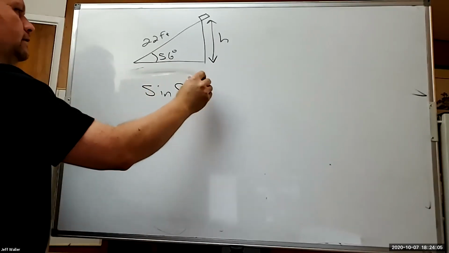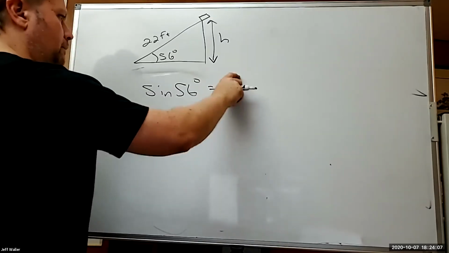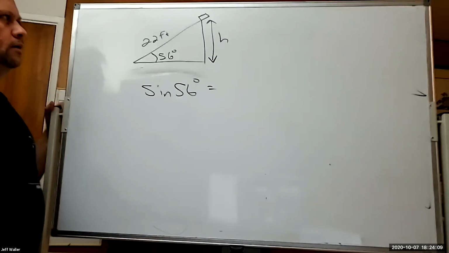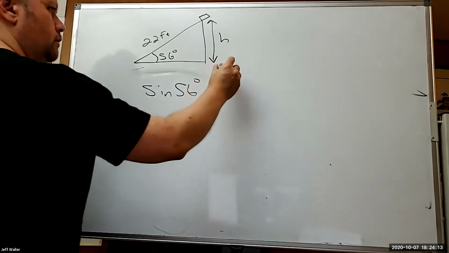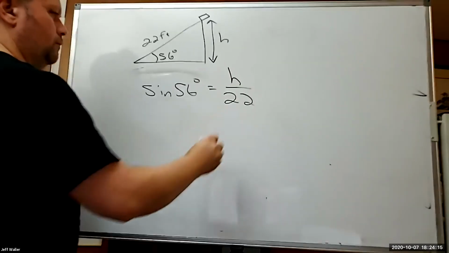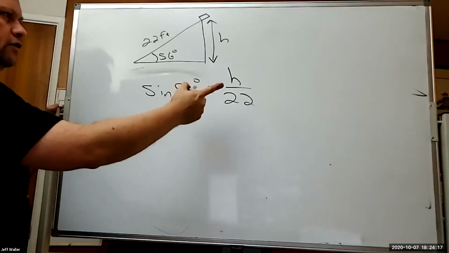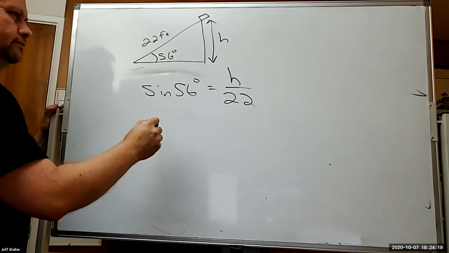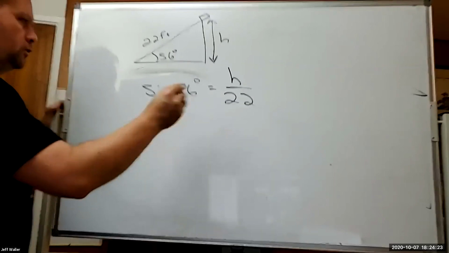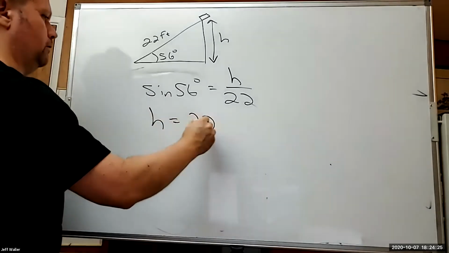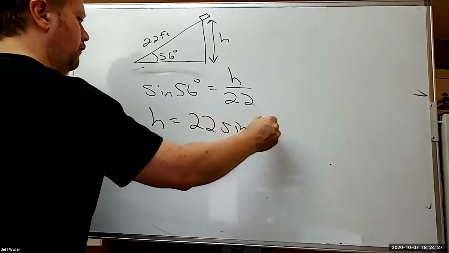Sine of 56 equals what ratio do I set up? H over 22. I love it. And how do I solve for h? Multiply by 22. So it's going to be 22 times sine of 56 degrees.